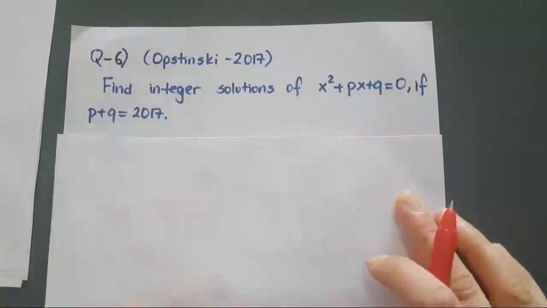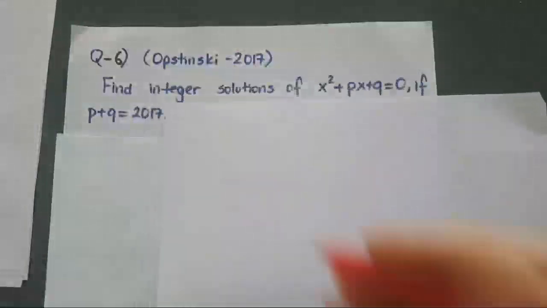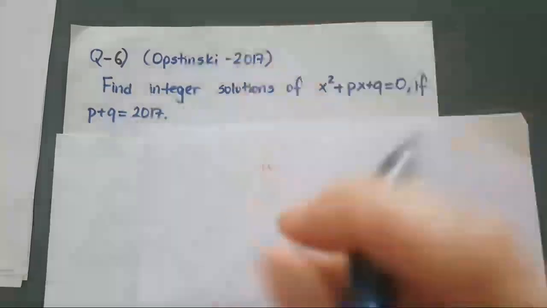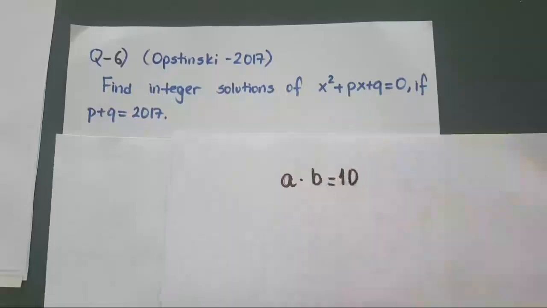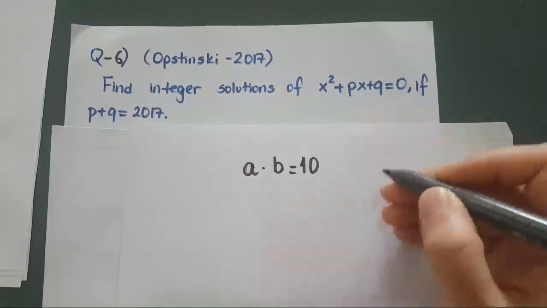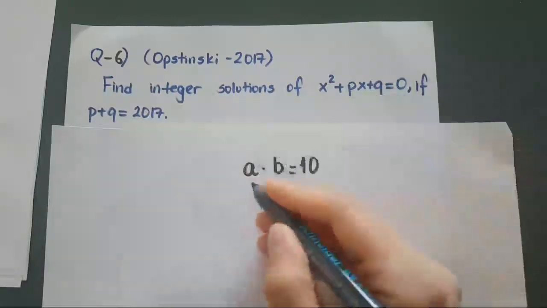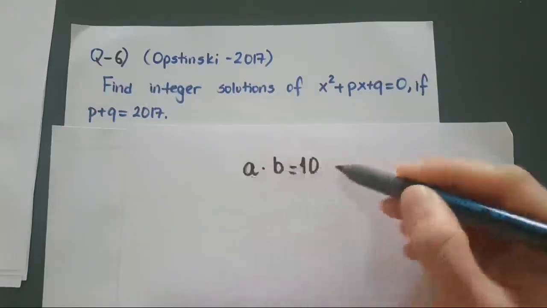For example, if you're asked to solve a times b is equal to 10 in the set of real numbers, there are many solutions, right? A can be any real number, and when you multiply by b it gives you 10.